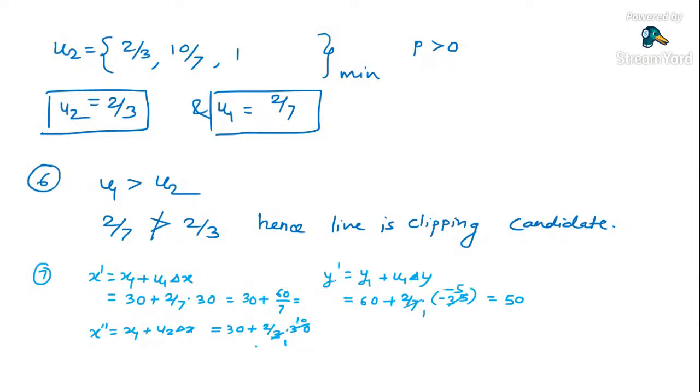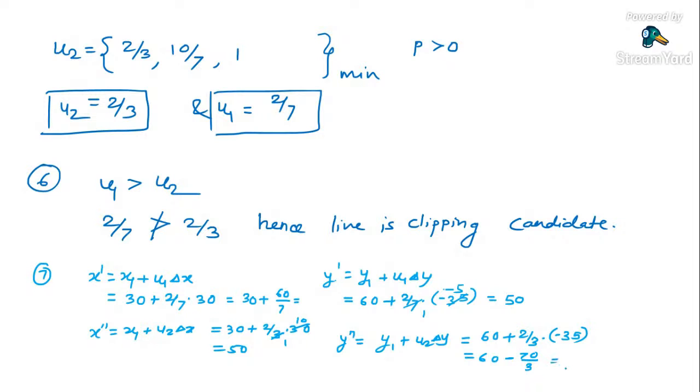So the answer is 50. Then y double dash is equal to y1 plus u2 delta y. y1 is 60 plus u2, 2 by 3, into minus 35. So it is equal to 60 minus 70 by 3.